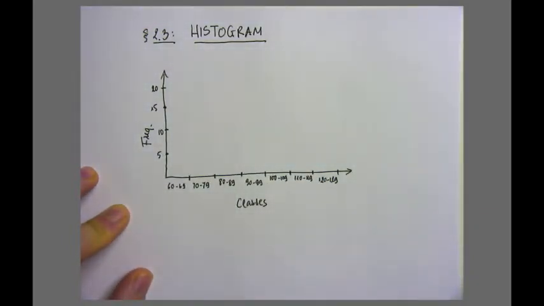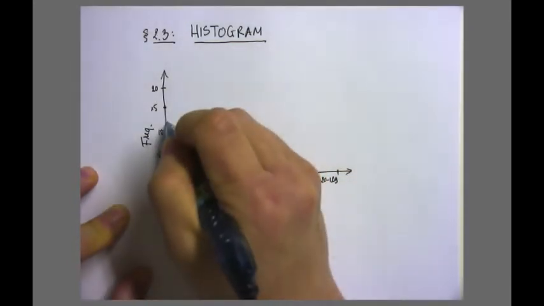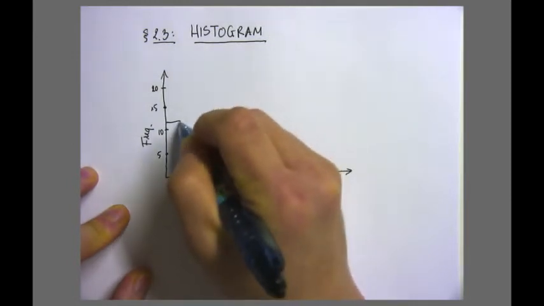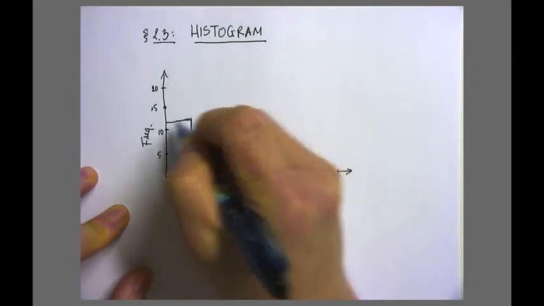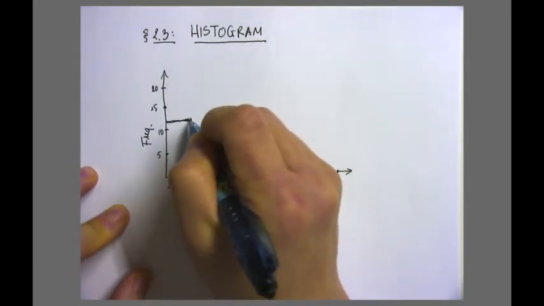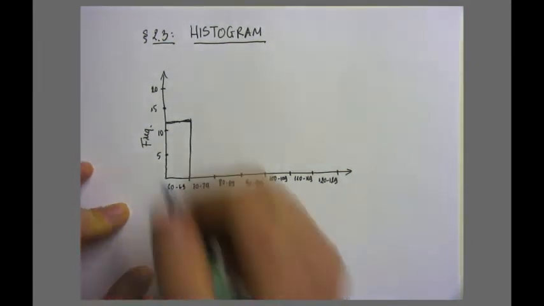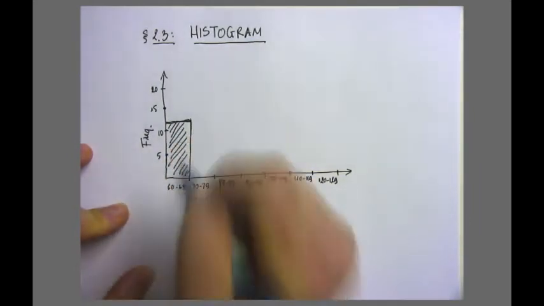Now the first class from 60 to 69 has a 12, so slightly about 2 units above 10. Like I said earlier, a histogram is simply a bar graph, but this time I want my vertical bars to be precisely adjacent to each other with no gaps in between. And it's always a good idea to shade in the graph.